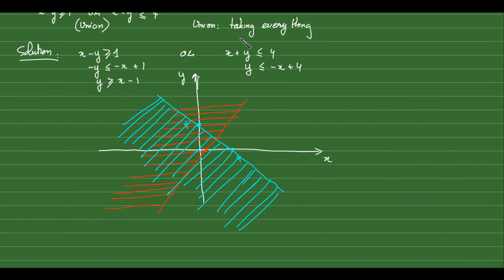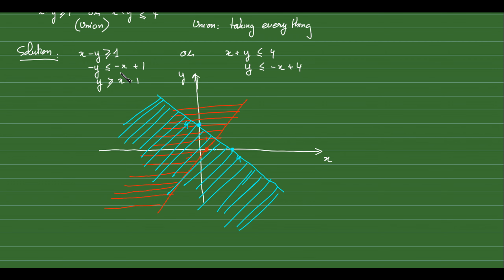Let me see. I just want to make sure again I got everything correct. And "or" we take everything, it means whatever you shade, it doesn't matter if it's blue color or red color, that could be the solution, right?